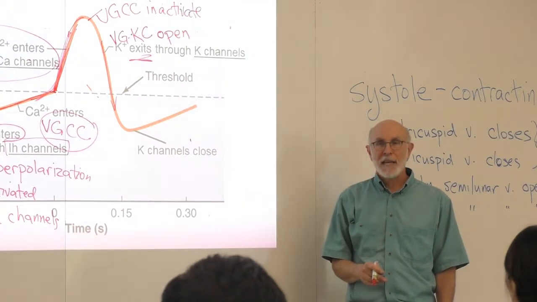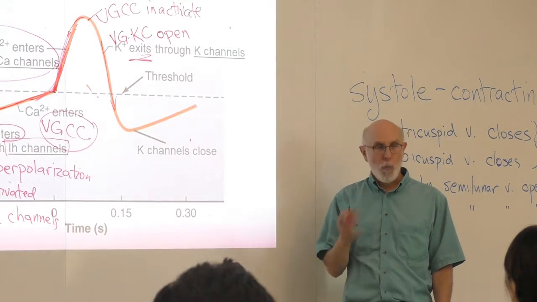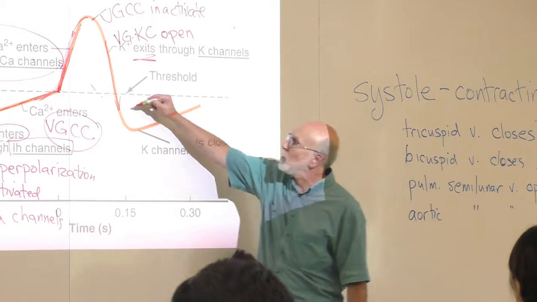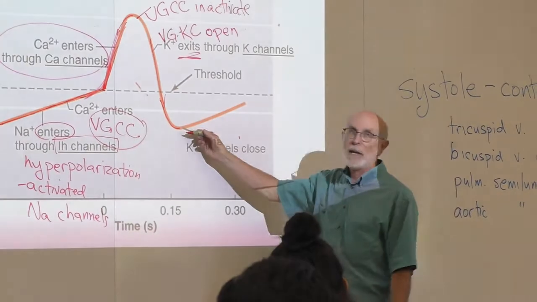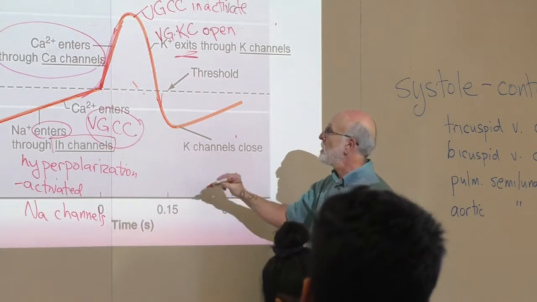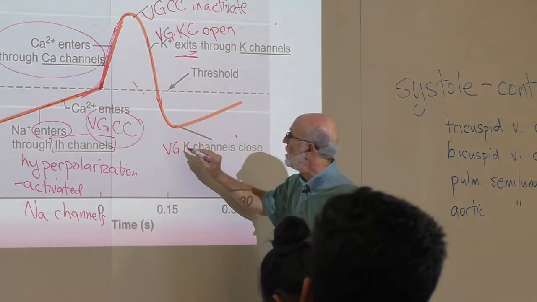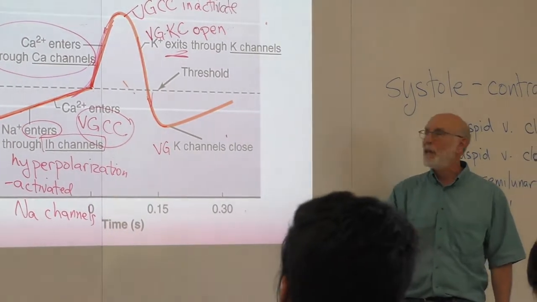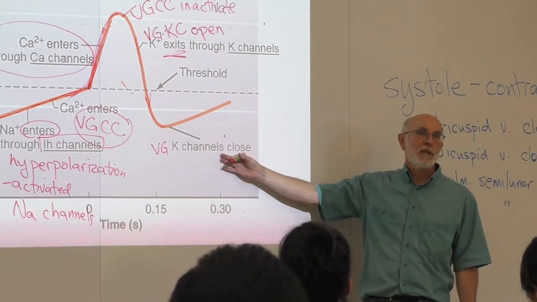Voltage-gated potassium channels open, potassium flows out, repolarization, and when they repolarize, the voltage-gated potassium channels close because they were opened by depolarization and they're closed by hyperpolarization.